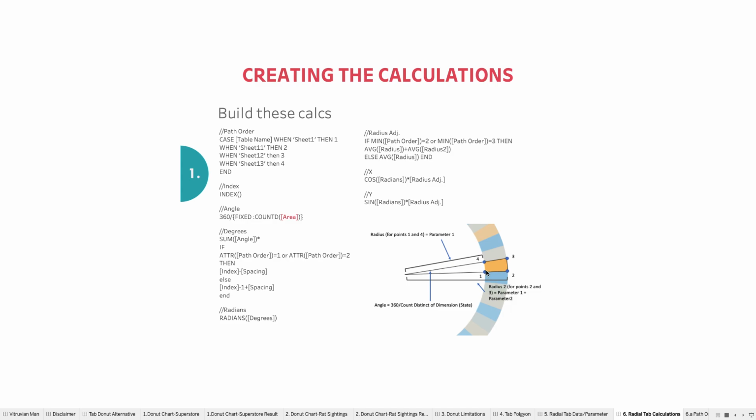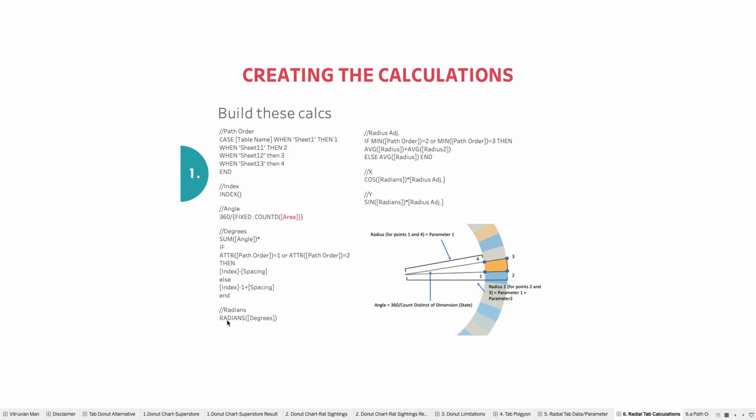That just brings it in closer depending on the spacing. So it's taking these 2 points and saying, just take this as the index, and then we're going to move it in a little bit depending on the spacing parameter. If it's 3 or 4, we're going to take that index and subtract 1 because we need to move it up to the same position as the prior tab. And then we're going to add the spacing, which is really bringing it in this way. So as we're adding spacing, both these points are getting closer together.